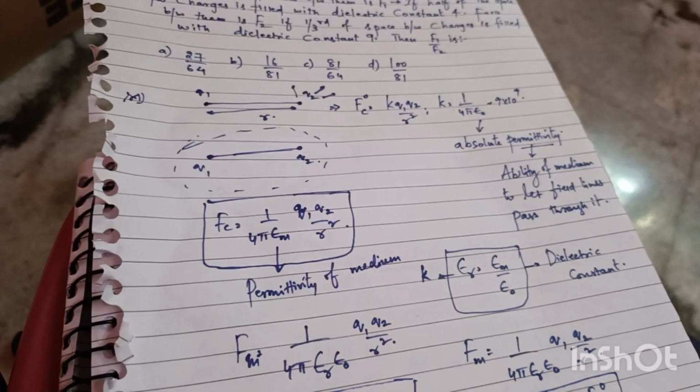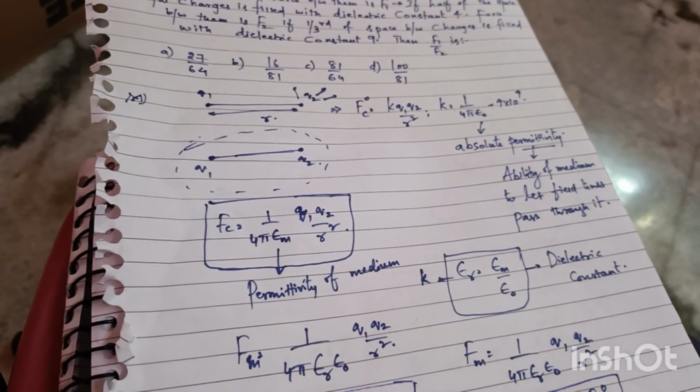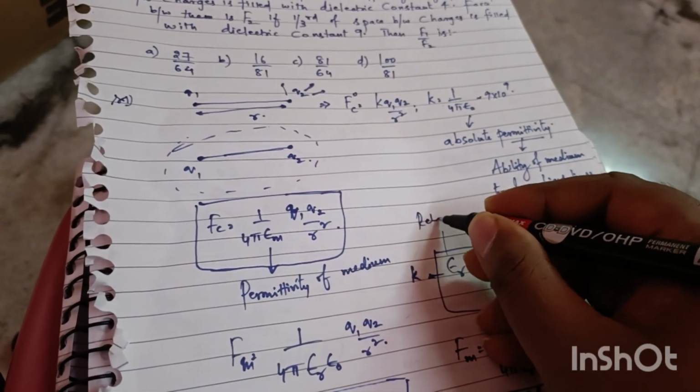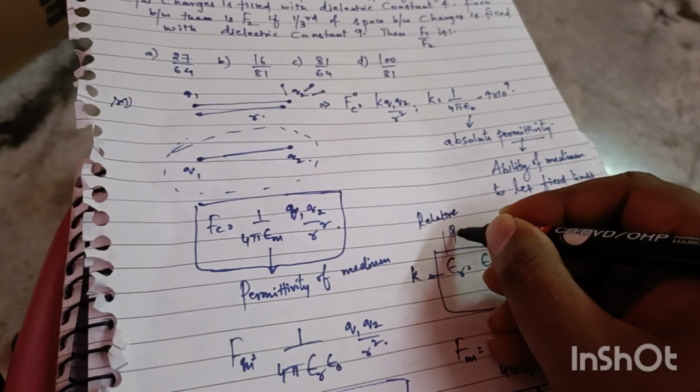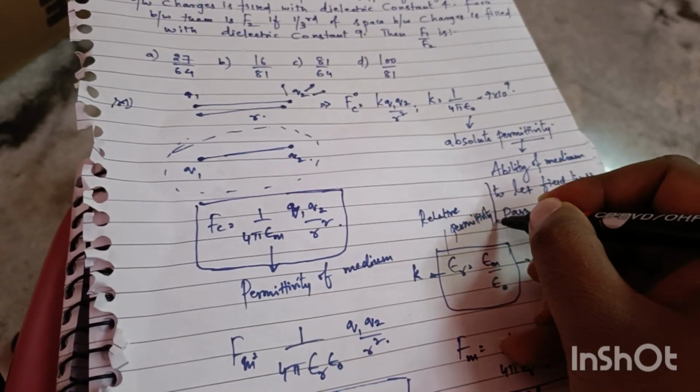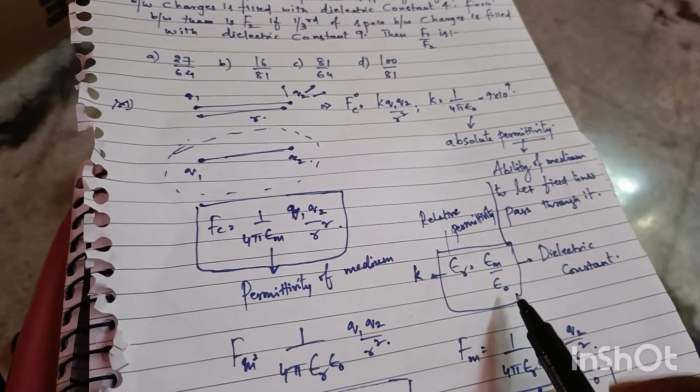And we take another quantity, epsilon r, the relative permittivity, relative in the sense with respect to another thing, and here we take it with respect to vacuum.